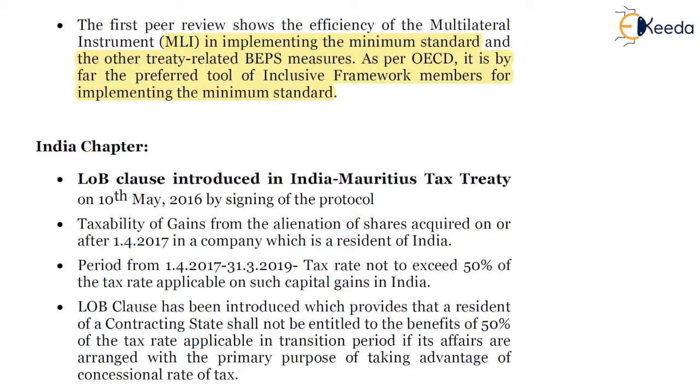For these two previous years, if you have any capital gains income, then the same will be taxed at 50% of the rate mentioned under the treaty. So whatever is your capital gains tax, it will be divided by 2. So you can say there is limitation in benefit. Benefit is provided. However, benefit has been restricted. There is a cap on benefit and it is 50%.